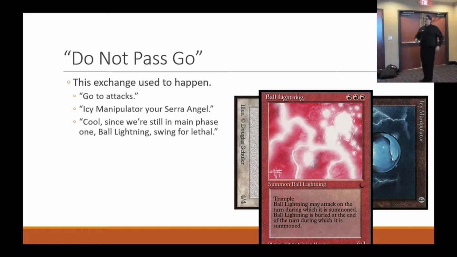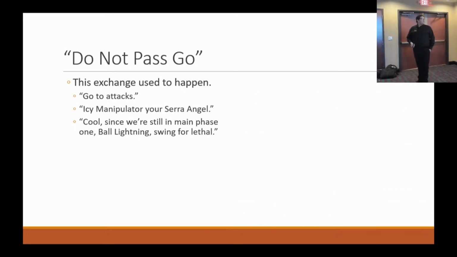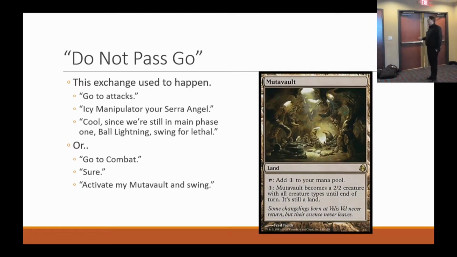So the problem was, by saying go to attacks, and you responding, where did you respond? Obviously, you wanted to prevent taking damage, but because it wasn't really established, that used to happen all the time. You'd also see an exchange like, go to combat. Sure. I'm going to activate my Mutavault, and I'm going to swing at you. Well, the problem with that is, you should have a chance to stop Mutavault from attacking you.